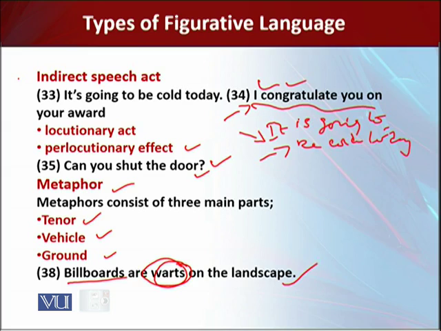Warts are representing billboards. And the ground of the metaphor is the implied similarity between tenor and vehicle. So in order to infer the link between tenor and vehicle, we understand the ground.